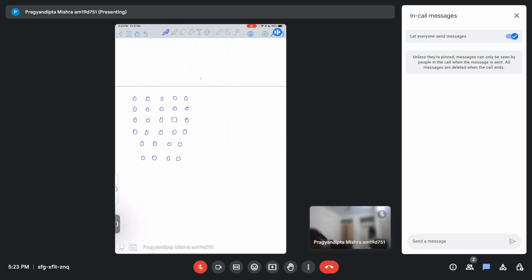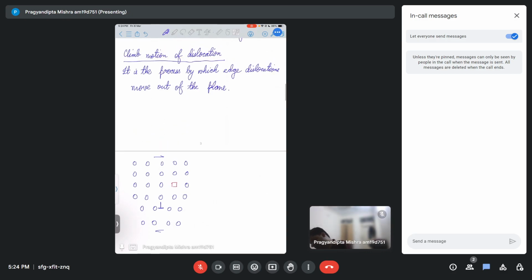So the dislocation is somewhere here. Now what happens in climb is, essentially there are two types of climb. Let's say the shear is being applied like this. You can either climb up or climb down. I'll write about what is climb up and what is climb down here.